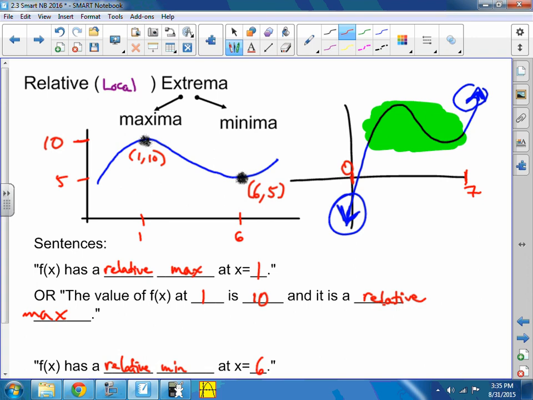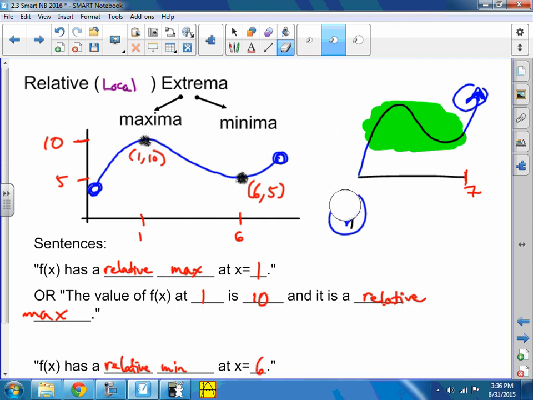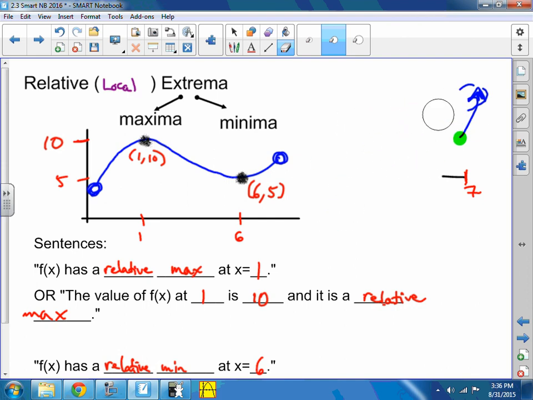Again, I'm going to treat the endpoints as open on this problem, so you're going to assume that this graph doesn't even continue. But we don't want to just say maximum or minimum, because there might be points outside what we're looking at that are higher or lower respectively. So we just pick a little window, look in that little region and say, oh yeah, there's the highest point, and oh yeah, there's the lowest point.